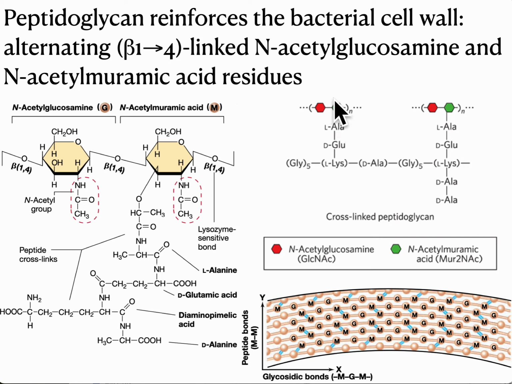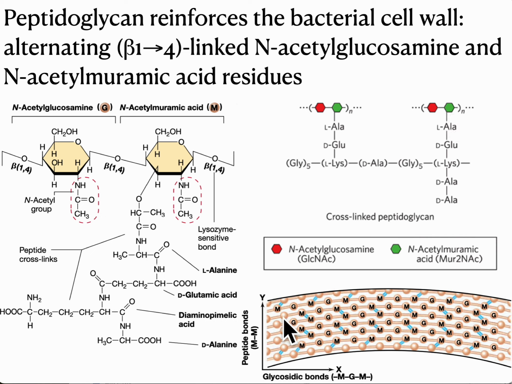The green hexagon is the acetylmuramic acid, and it links to the peptide crosslinks. It has different amino acids like alanine, and then these peptide crosslinks will then link to the acetylmuramic acid of another peptidoglycan chain.